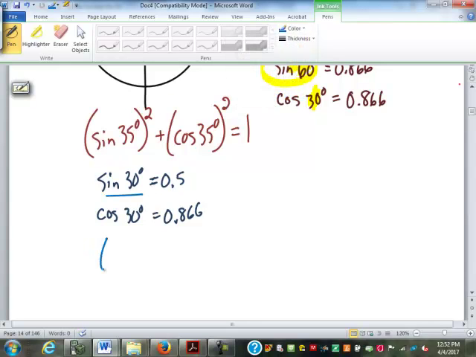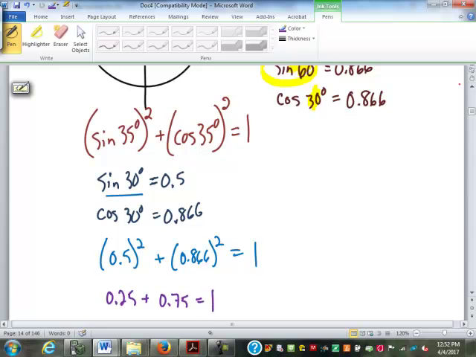Sine of 30 squared, so 0.5 squared, plus cosine of 30 squared, 0.866 squared, has to equal 1 squared, or just 1. 0.5 squared is 0.25. 0.866 squared is 0.75. That adds up to 1. So you're thinking the right idea that they have to add up, but it's their squares that have to add up, not the value of the function itself.